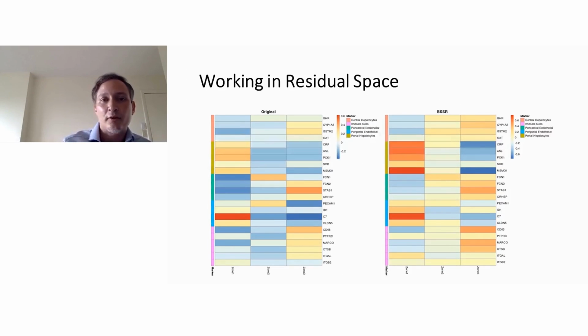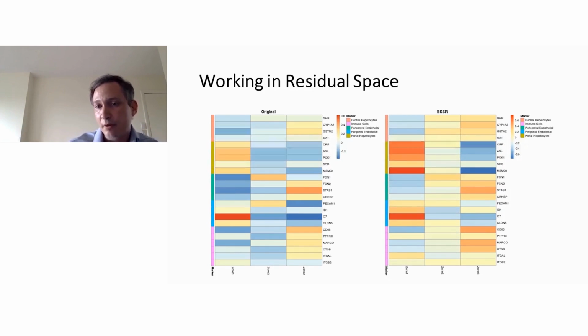So we see here 2 heat maps. These are genes in the literature that are relevant to zonation in the liver, and we see, for instance, that in the BSSR, these are the residuals. These are the normalized counts we're using as an input. Upper 3rd quartile normalized counts, with a lot of help from the Nanostring specialists. So we can see the progression from central hepatocytes, zone 1 to 3. These are markers for portal hepatocytes.